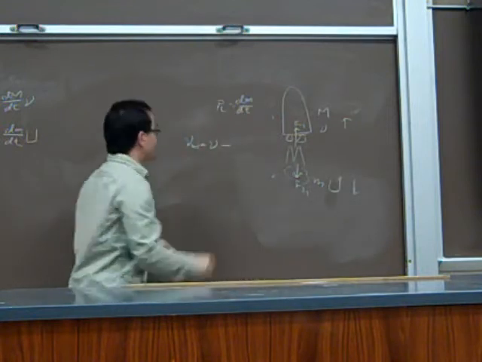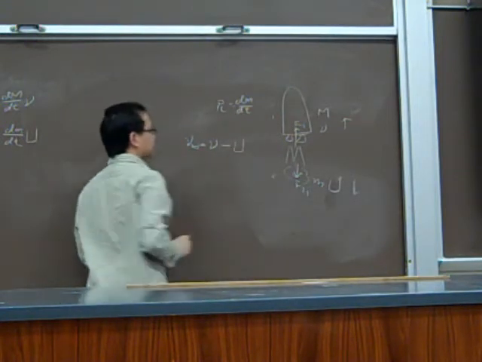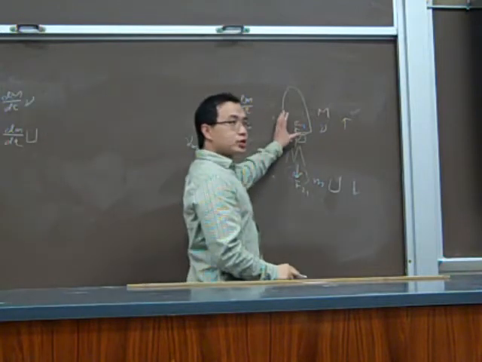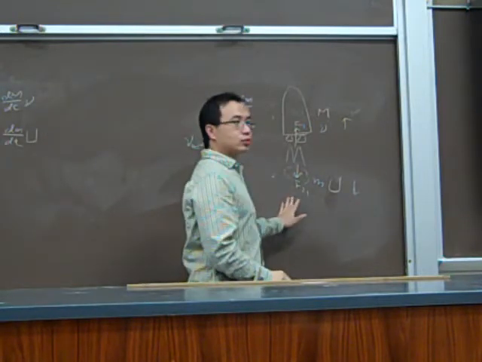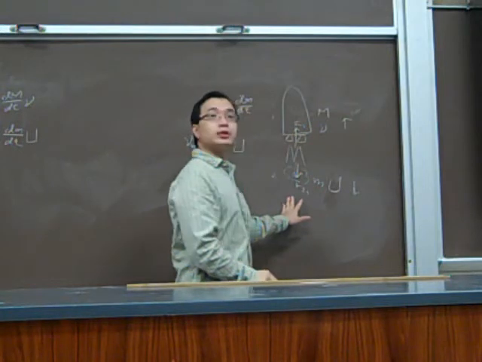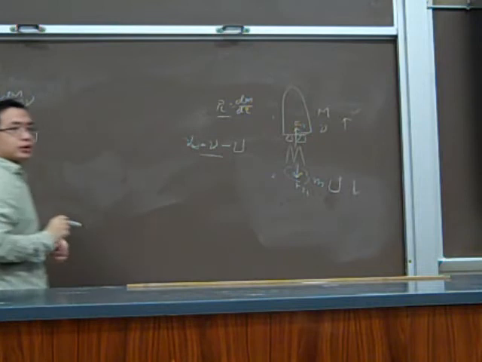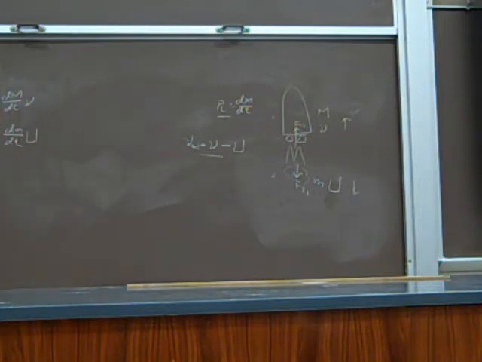So that's the relative velocity of the rocket with respect to the exhausted product. Any question about the two parameters? Then let's substitute these parameters into this equation to rewrite it.